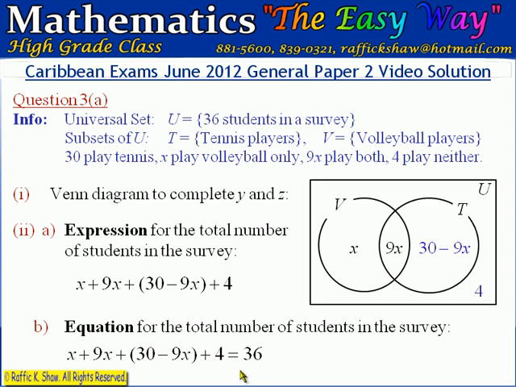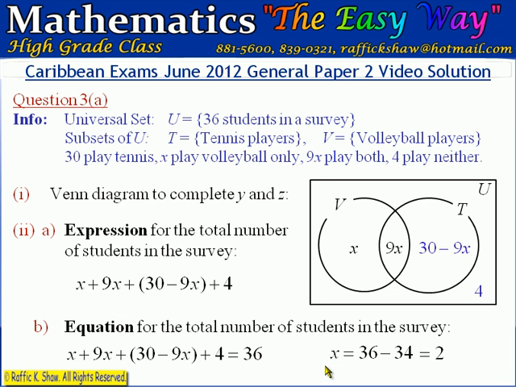If x plus 34 is 36, it means that x is 36 minus 34, which reduces to x equals 2. So the value of x is 2. That's the end of question 3a.